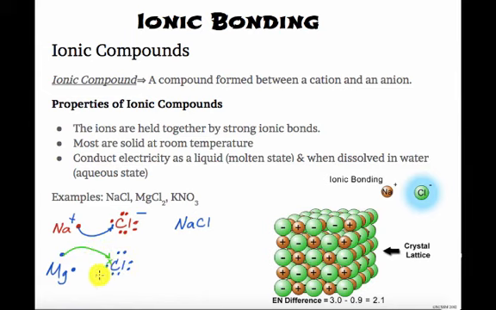Now the problem is chlorine is now filled up. So what I need is a second chlorine to fill in that second electron. We'll go over this a little more in class, but for now, the electron is going to move over to here, and what you end up with is another chlorine. So when magnesium bonds with chlorine, I need 2 of those chloride ions to actually bond with magnesium.